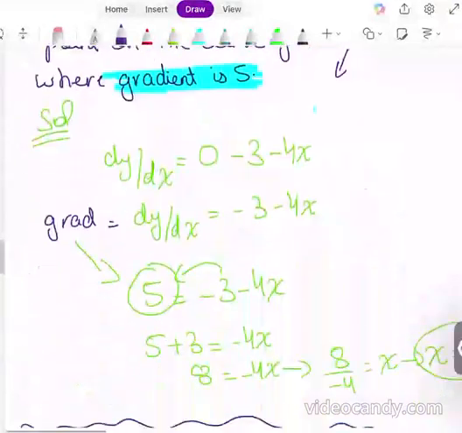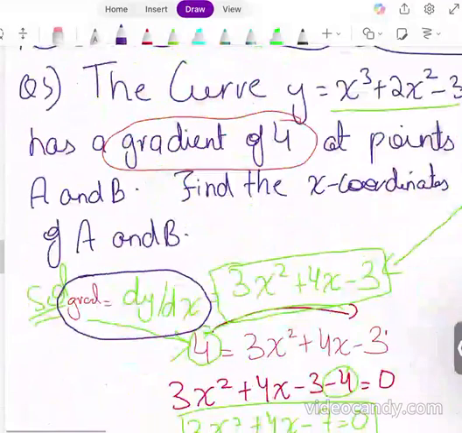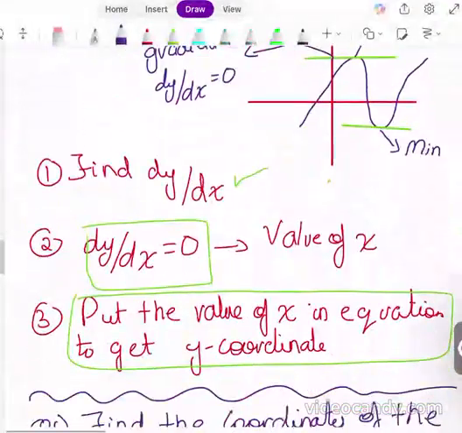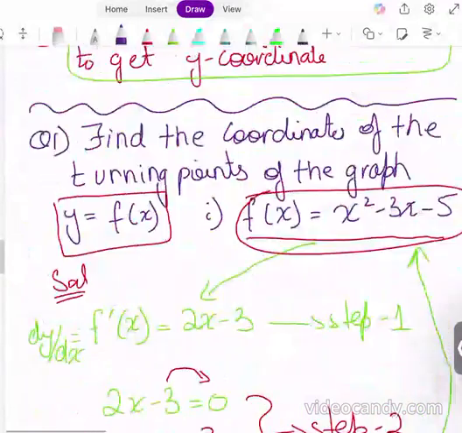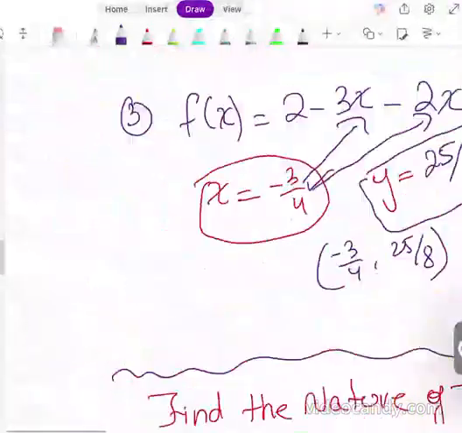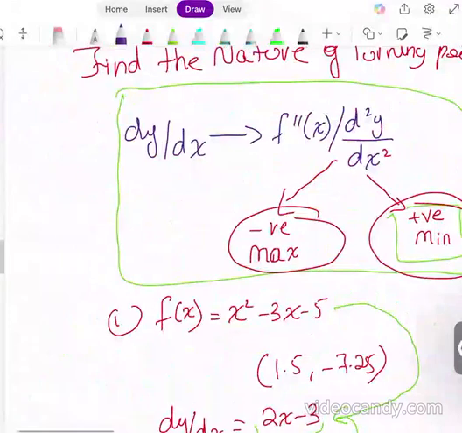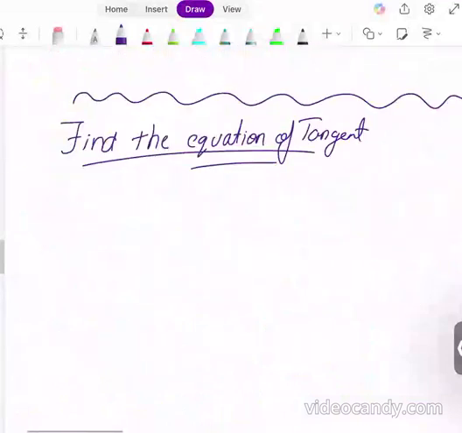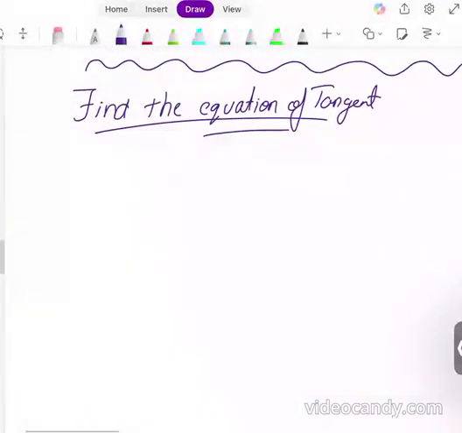In the previous class we did finding the turning point or stationary point, and the second is finding the nature of that. This is what we have done so far in differentiation. This is basically the last topic. Then we will solve past paper questions on differentiation.